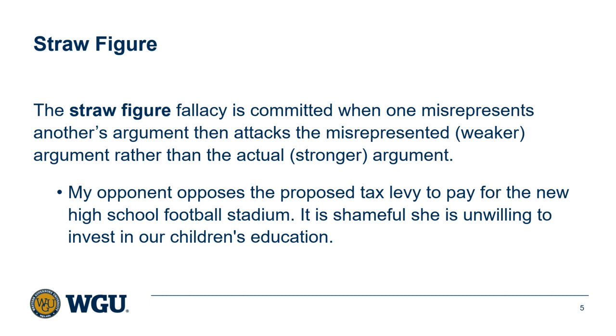In reality, the only thing she is claiming is that she does not want to raise taxes to pay for a new stadium. It would be much easier for me to attack an argument about children's education, but this is not what her argument is actually about. As such, this is a clear example of the straw figure fallacy, as I am misrepresenting my opponent's position.